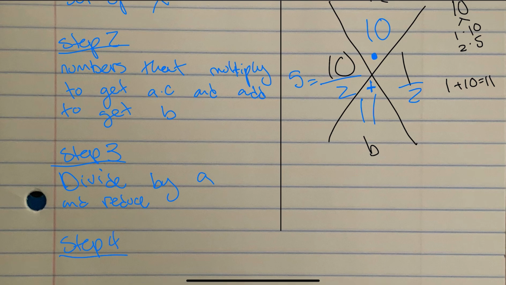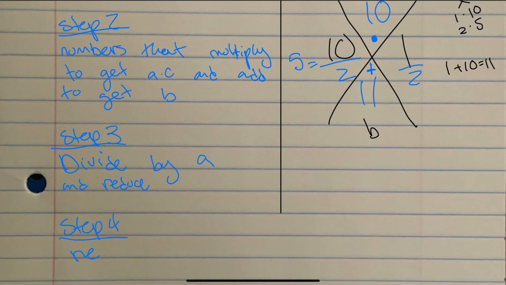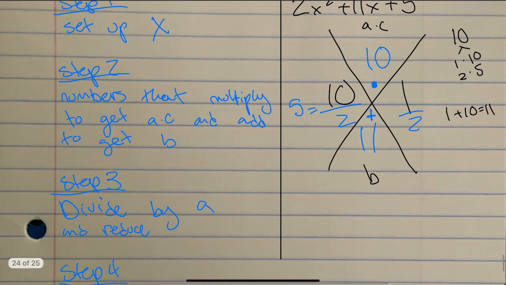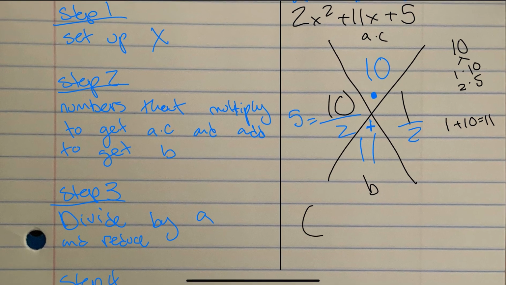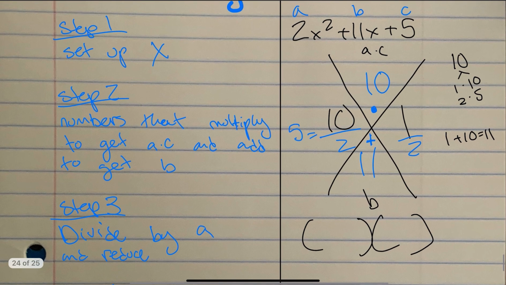which is going to be rewriting, just like it was before. So I still want 2 sets of parentheses. Now I'm looking at the numbers I have. I have 5 and 1/2. So just like last time, if I have a whole number, I'm just going to have x plus 5. Okay, that stays the same. Here's what changes.